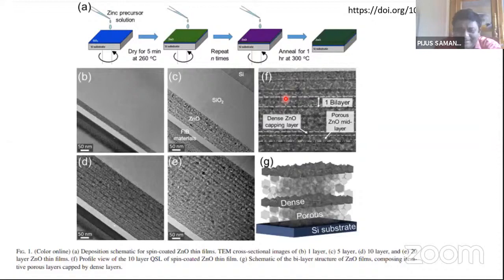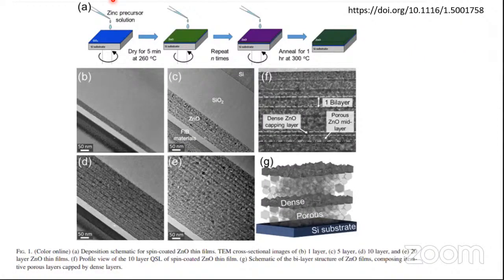So we can say that we can grow thin films of different thickness. If we increase the number of coatings, the film thickness will increase. So not only thin films, we can also grow thick films. So this is a very simple technique to grow thin as well as thick films of any kind of material.